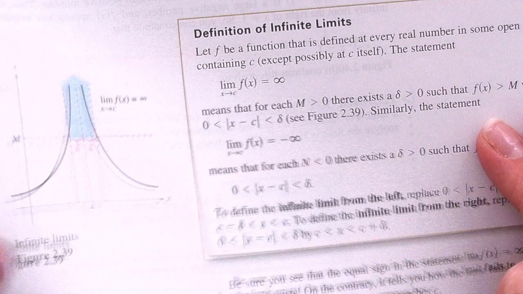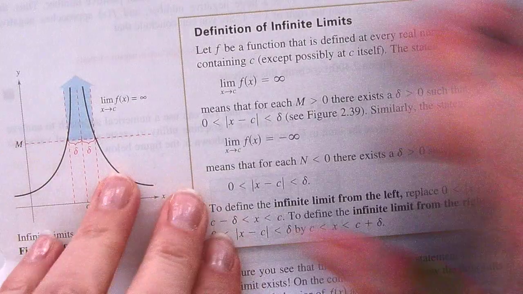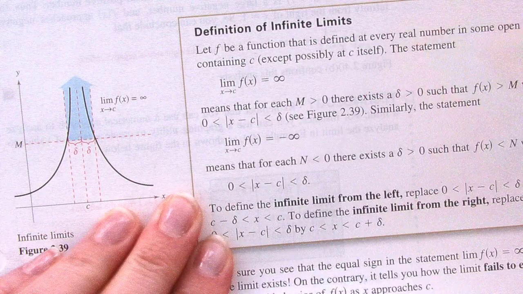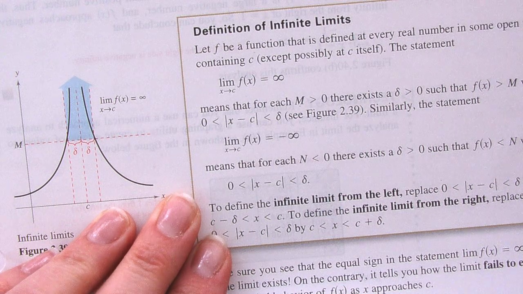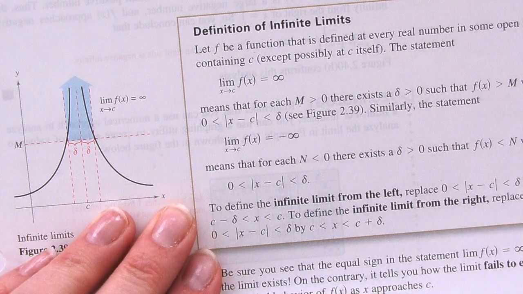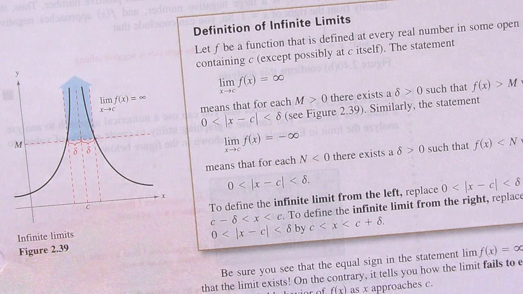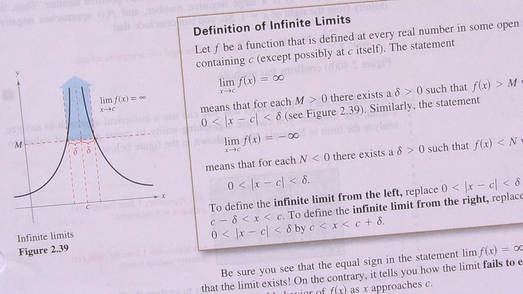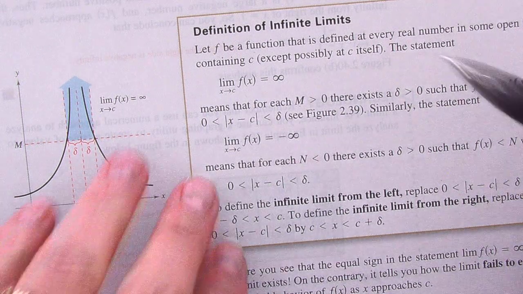All right, I'm not going to ask you to do anything with that formal definition of infinite limits, but just keep in mind that when we're taking the limit from the left and the right, as we approach that vertical asymptote, that is what we're finding there.